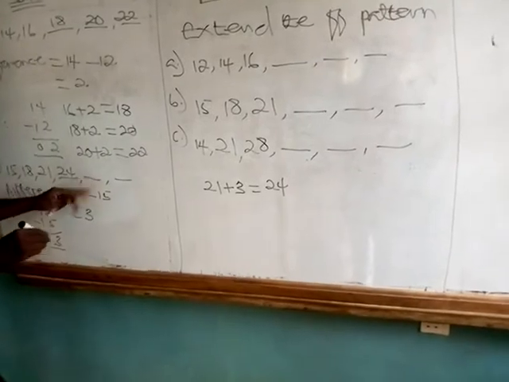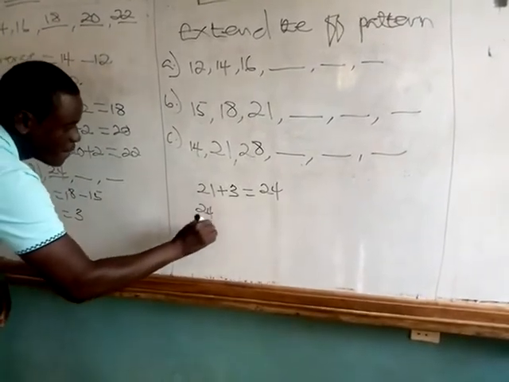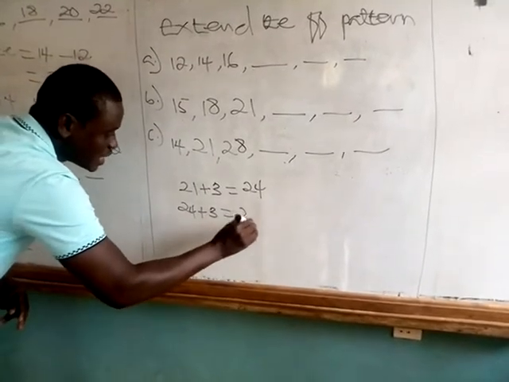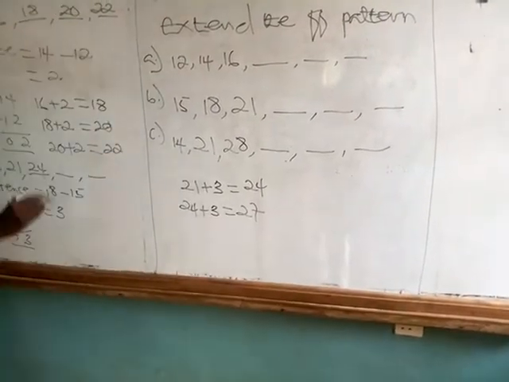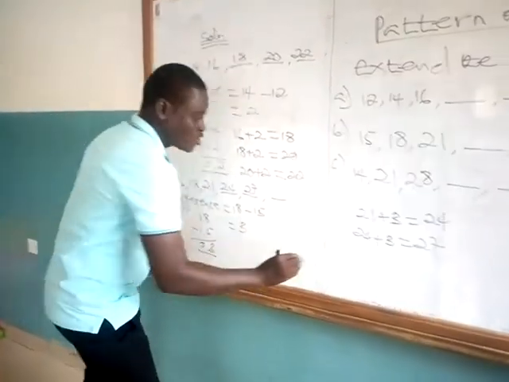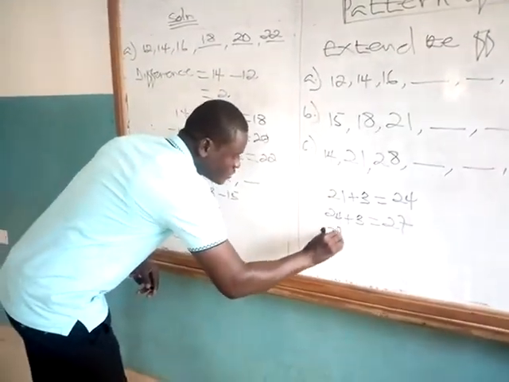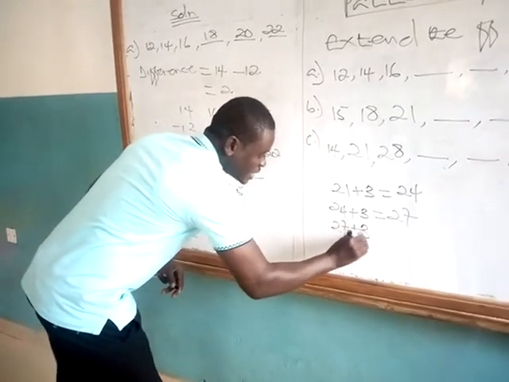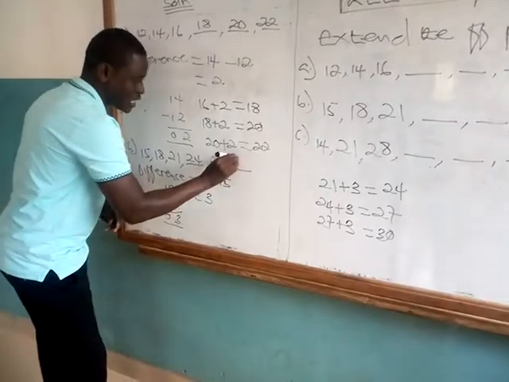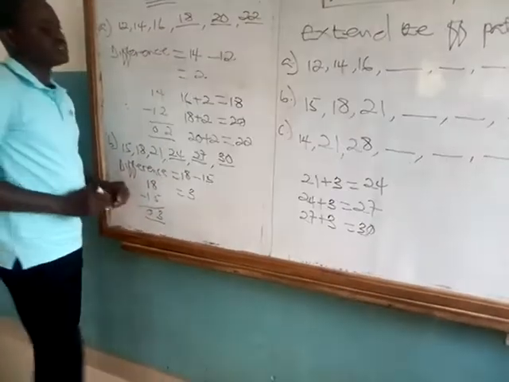To find the next digit, you have 24 plus the common difference 3, and that gives us 27. So 27 will fit in there. Then you have again 27 plus 3 to give us the next digit, and that gives you 30. So you have 30 in the last empty space.